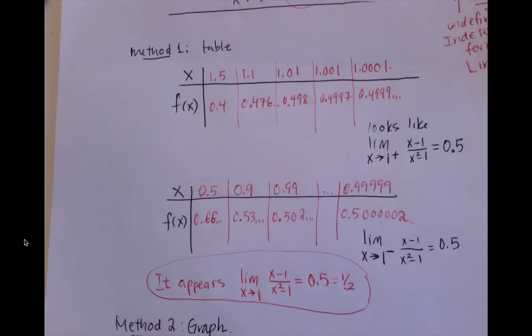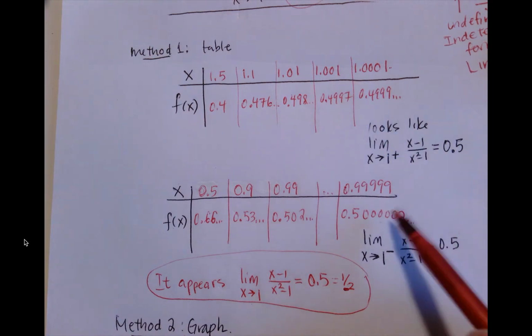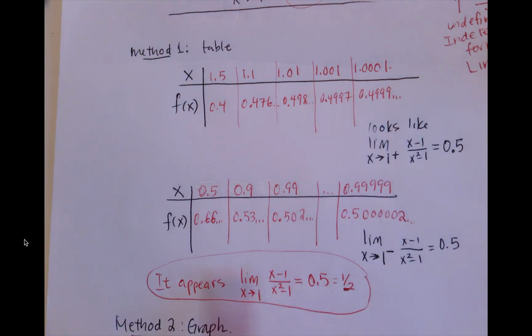But it's possible that I chose values of x that look like this was happening, but this might not actually be what's happening. So when you read through the textbook, you'll see an example where I get behavior similar to this, but this does not give me the correct limit. So please take a look at that example.